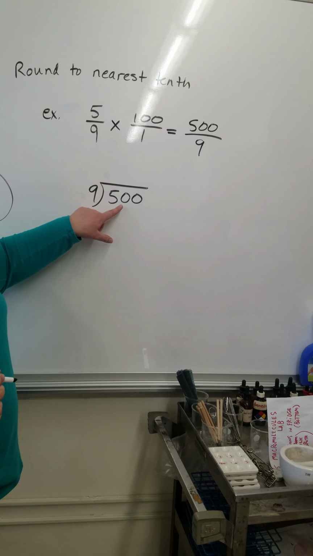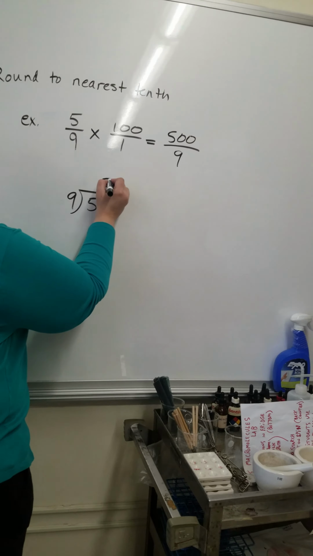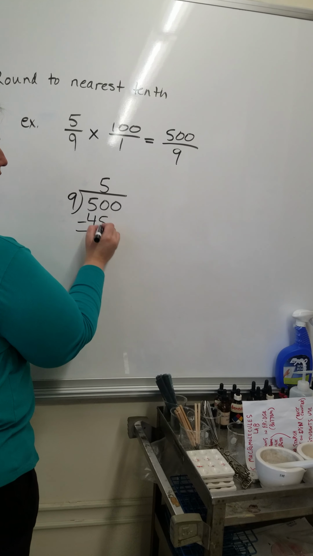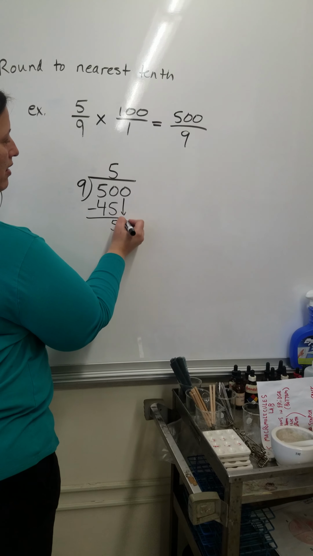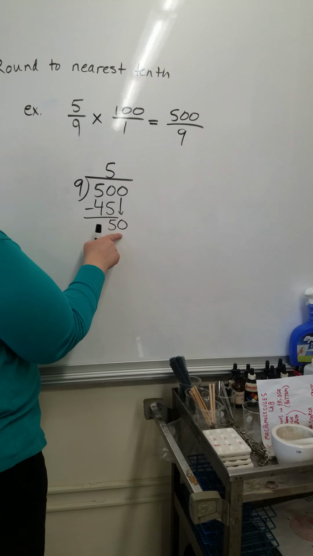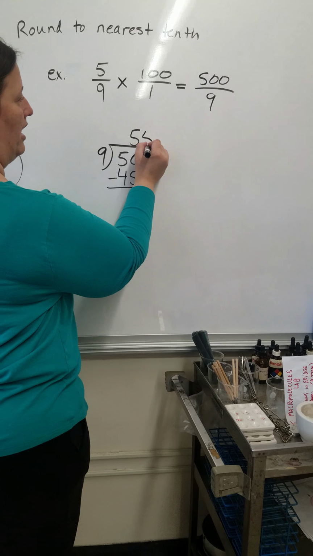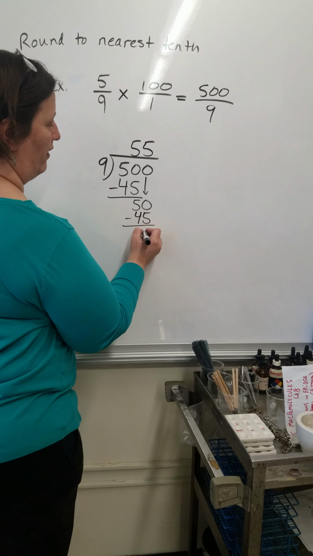How many 9s will go into 50? 5. 5 times 9 is 45. 50 minus 45 is 5. I think we're going to get a repeating decimal. 9 goes into 55 5 times again. That still gives you 45 with 5 left over.